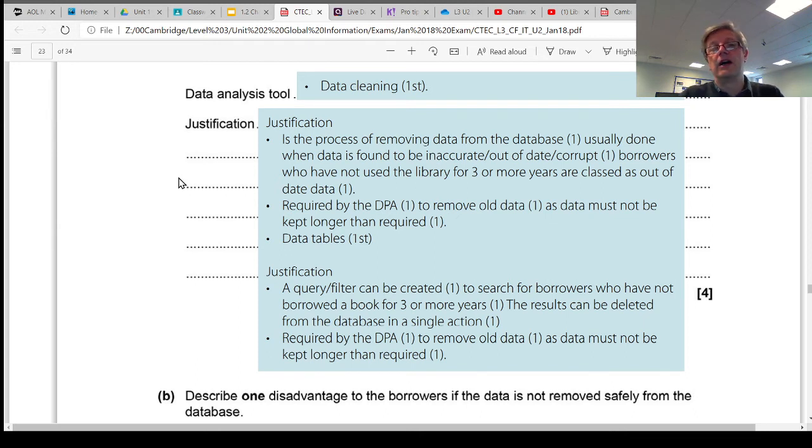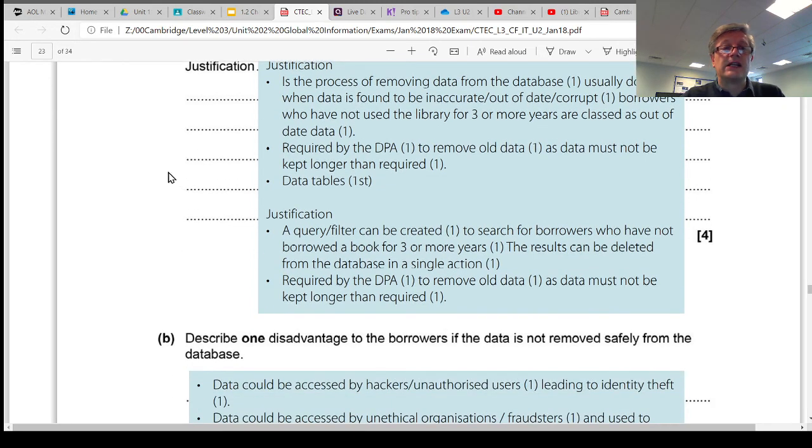That's why we are going to clean it and purge it from the data table. It's also required by the Data Protection Act that data of customers who no longer are members of the library, because they've left for some reason, should be removed because it's no longer required.